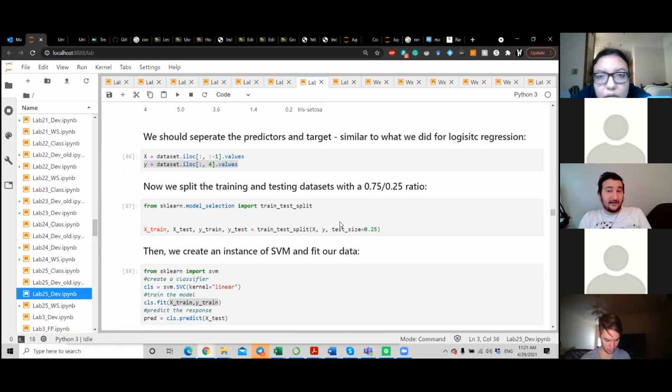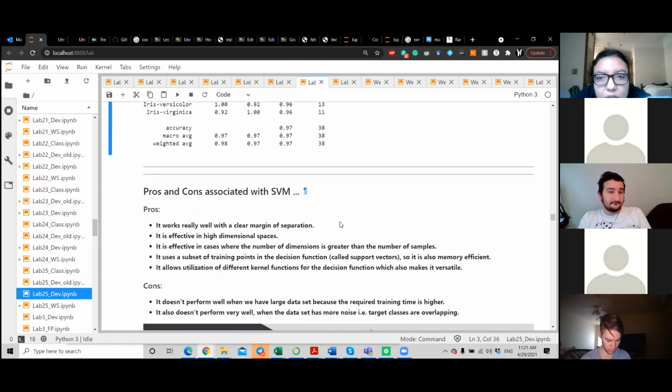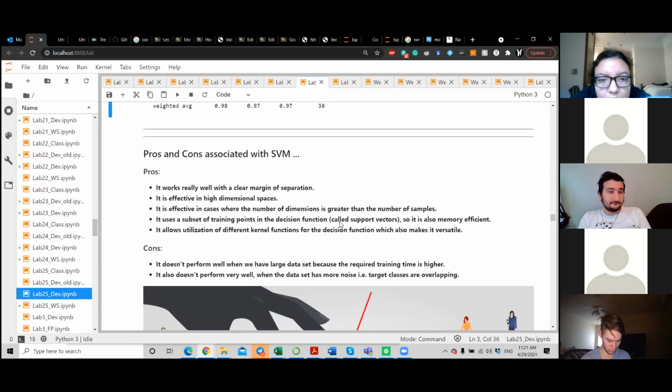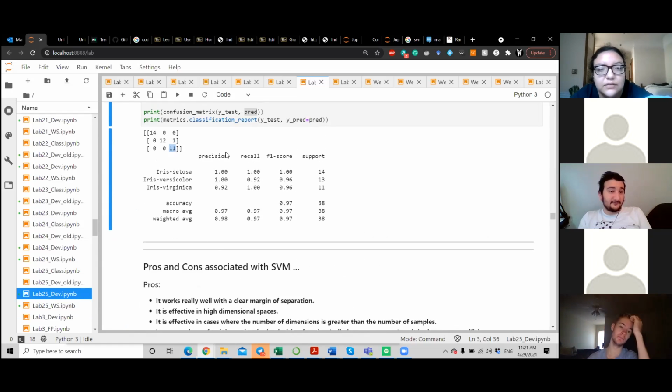So, who did the comparison? Who did the comparison between support vector machine, logistic regression, and naive Bayes classifier? I'm looking at it right now. Okay, what do you see?